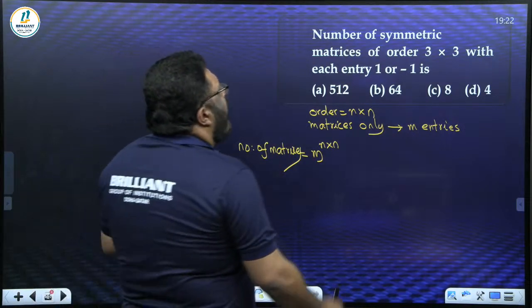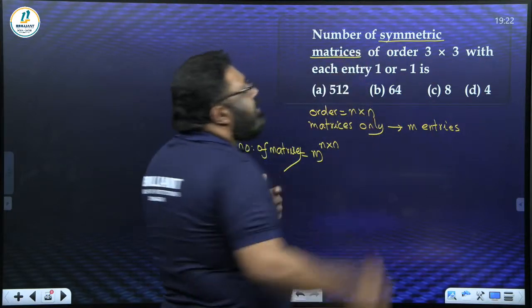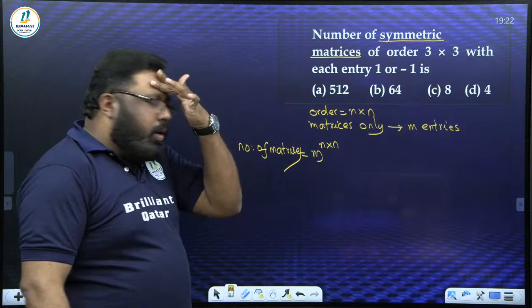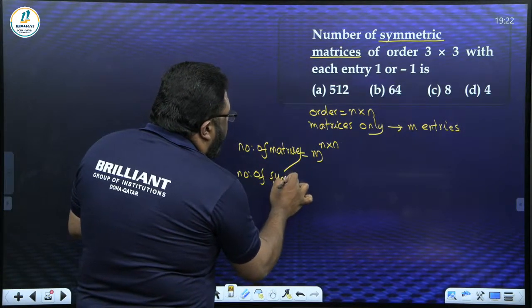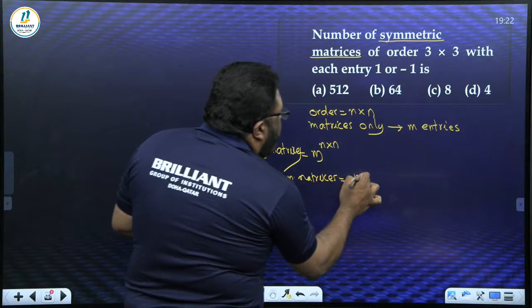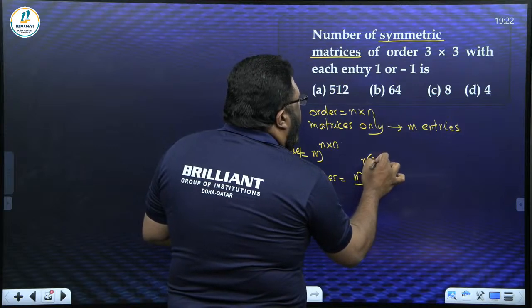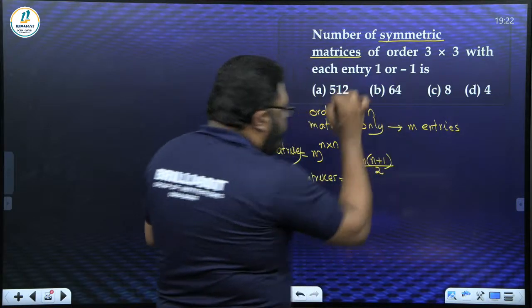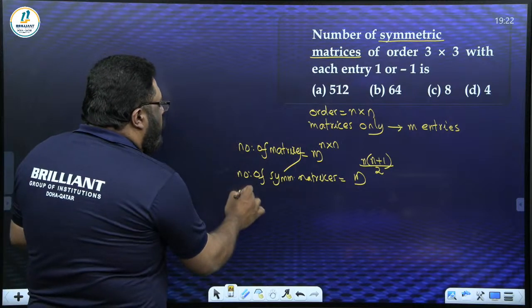Last time in the board exam, they asked not any matrix, they asked a symmetric matrix. For the number of symmetric matrices, my dears, the answer was m raised to n into n plus 1 by 2. Number of entries raised to n into n plus 1 by 2.